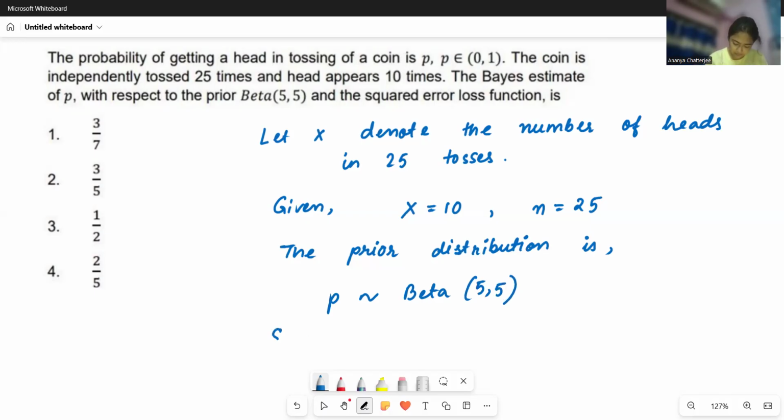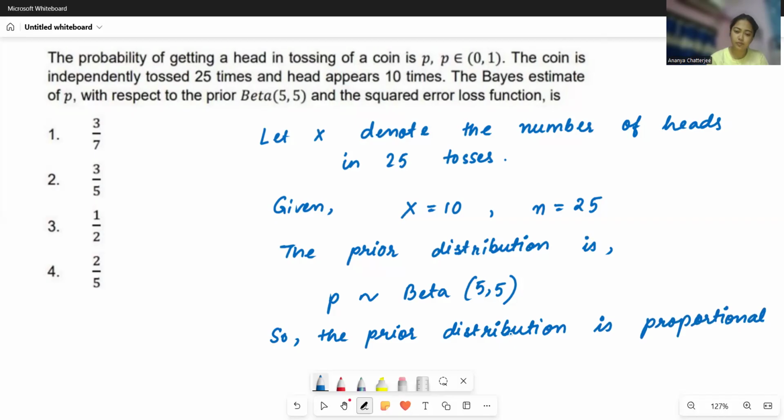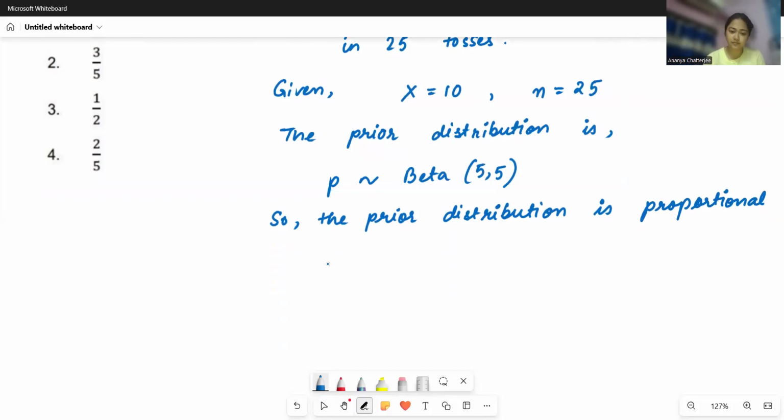So like this, we can say the prior distribution is proportional to P to the power 5 minus 1, 1 minus P to the power 5 minus 1, which is equal to P to the power 4, 1 minus P to the power 4.